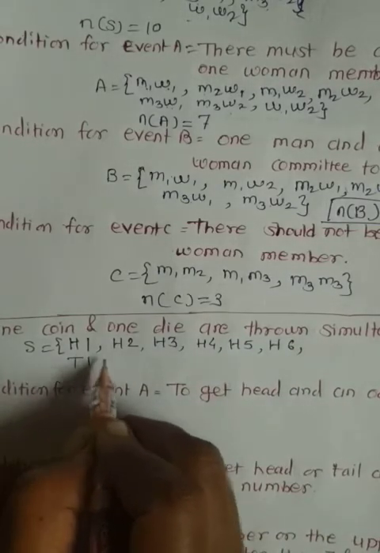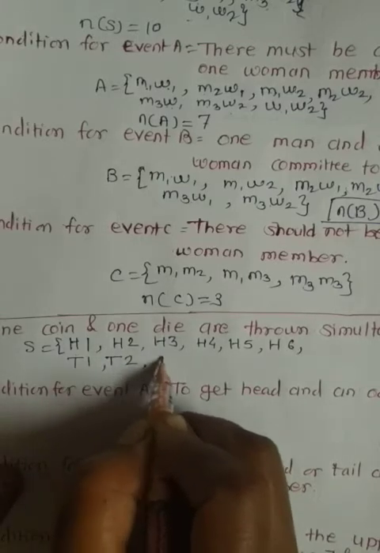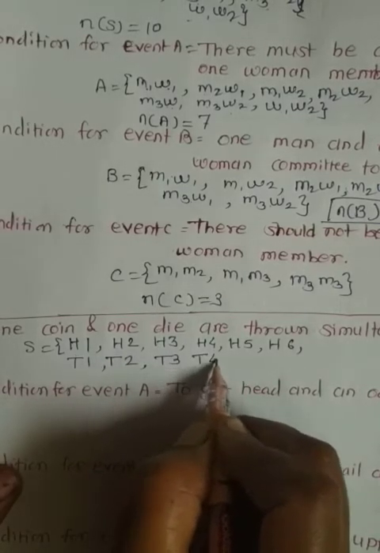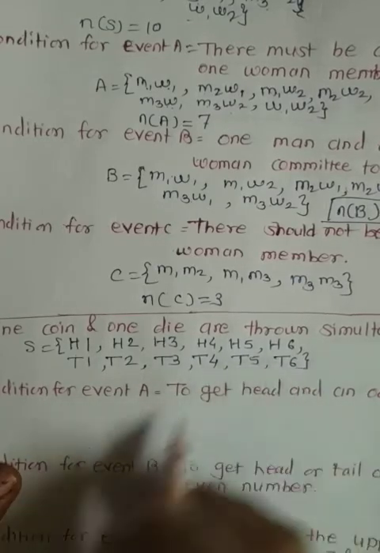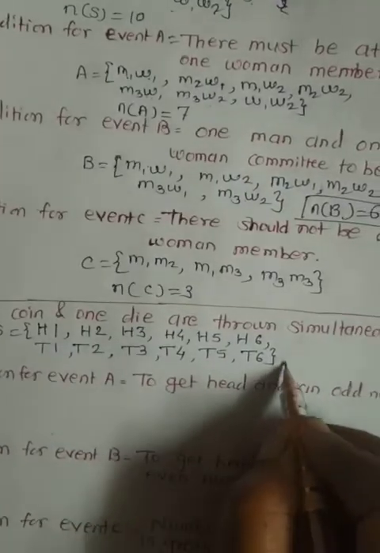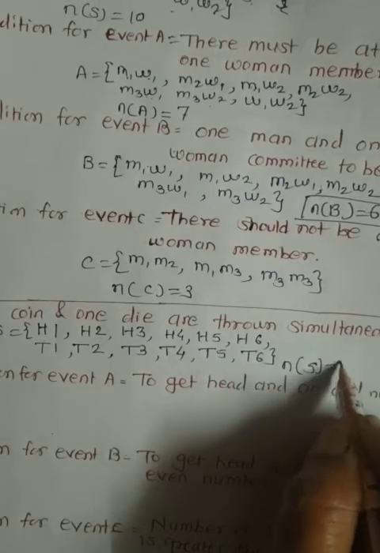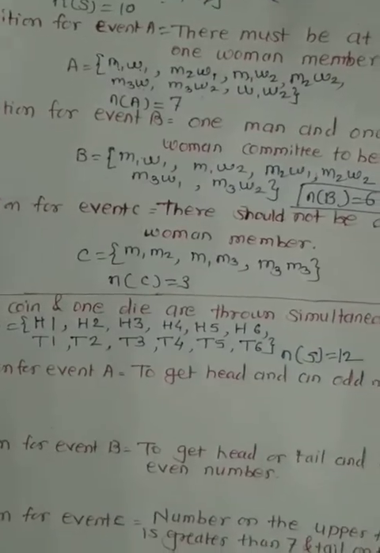Now tail 1, tail 2, tail 3, tail 4, tail 5 and tail 6. Means in this way there are totally 12 sample points.